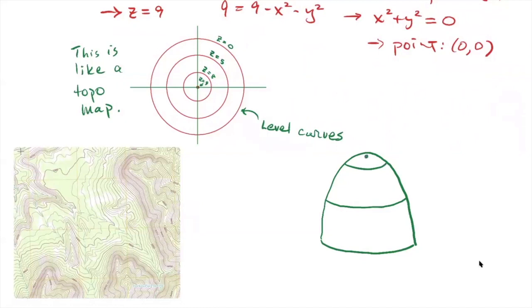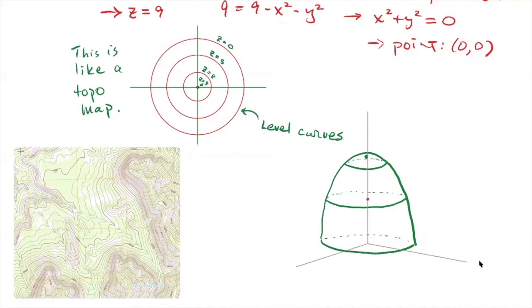Okay, and then let me go ahead and I'll do some dotted lines here. You see the back side of the level curves. And maybe I'll add some radii to these.